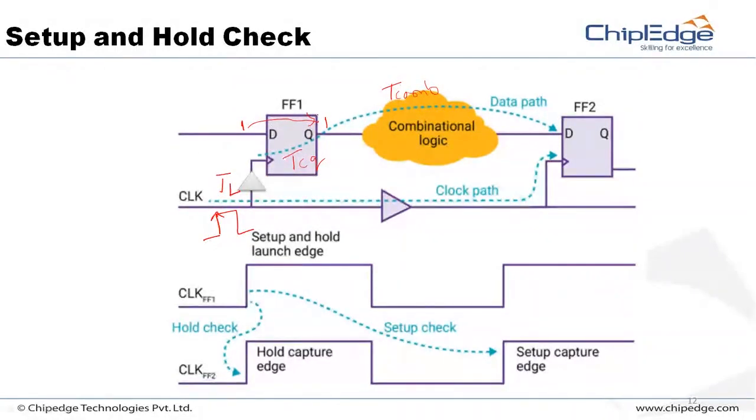So this will be TL plus TCQ plus T combo as the total delay, plus this, what is this, T setup. If I add all this, it should be for 10 o'clock. You agree with me? Let me take this clock pulse. Your mom made you wake up at 8 o'clock in the morning.